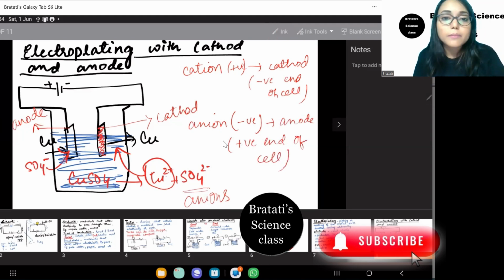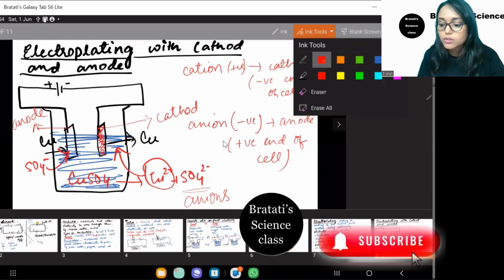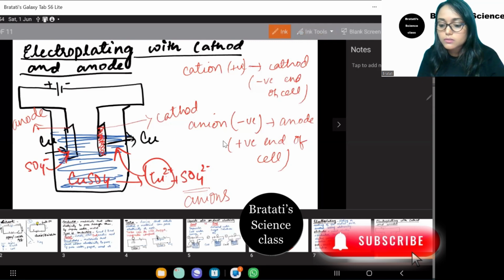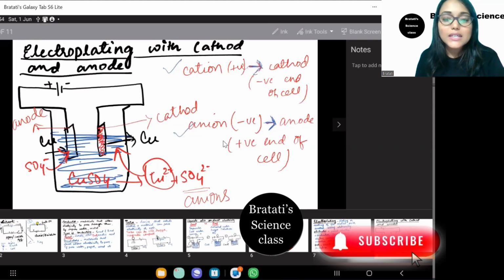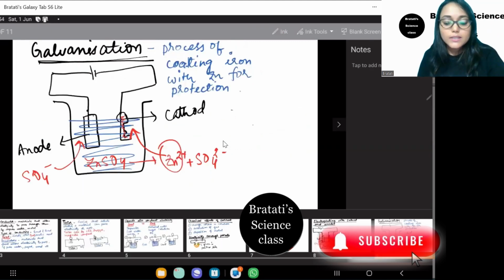In this way, you can remember that the cation, positive, will move to the cathode, which is attached to the negative end of the cell, and the anion, negative, will move to the anode. If you remember this tip, there will be no confusion. Anion to anode, cation to cathode. Okay, easy? Thumbs up. Let's move ahead.